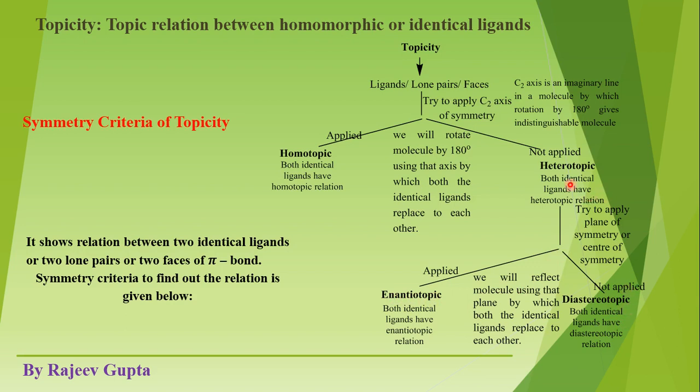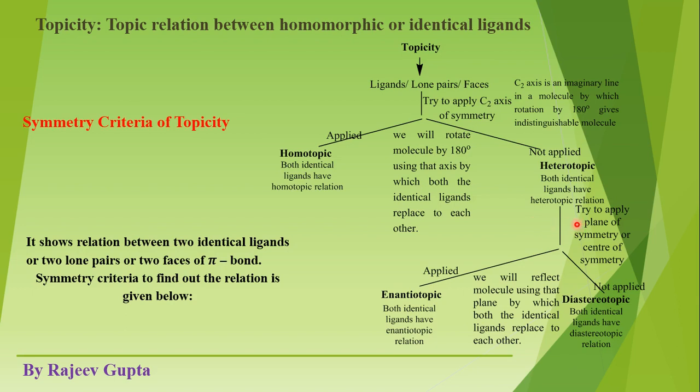Okay, so after applying this C2 axis, if it is not applied, then we check plane of symmetry in the molecule. We apply that plane or mirror plane in that molecule where both homomorphic ligands form mirror images of each other. Means both homomorphic ligands should not be cut during that plane of symmetry operation.